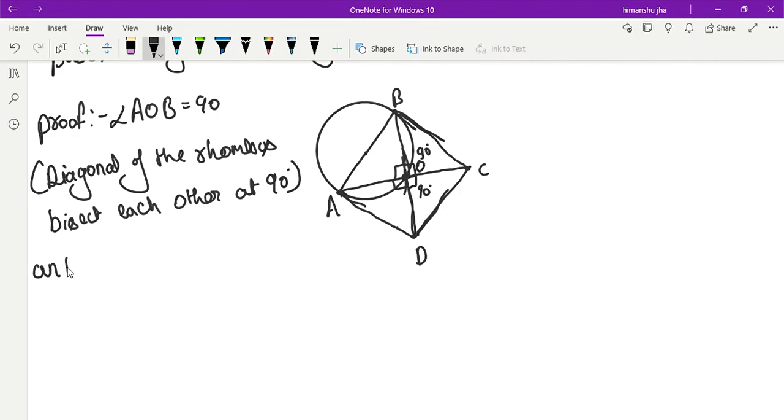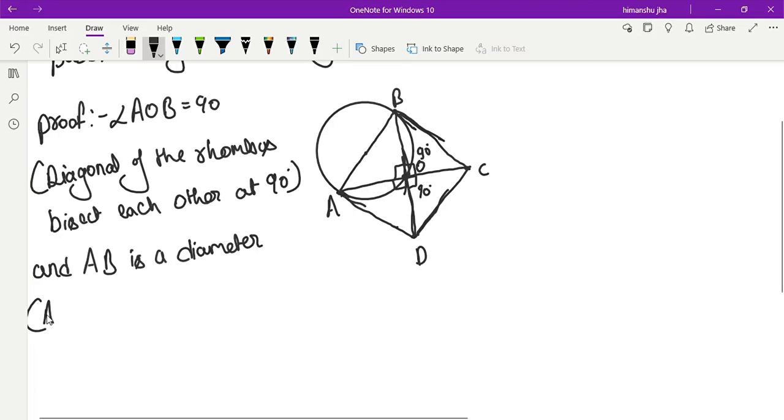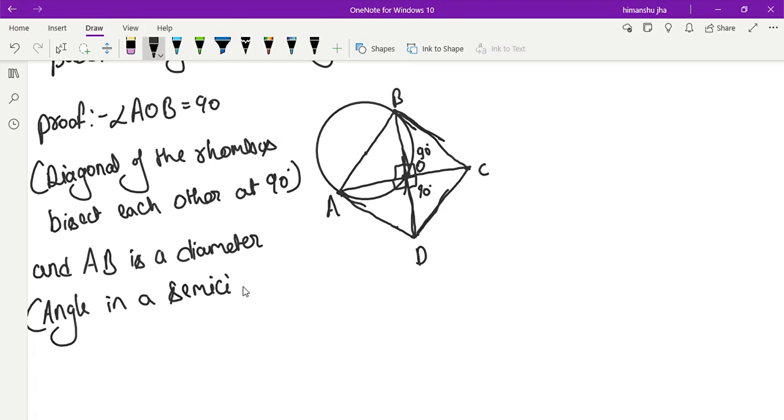And AB is a diameter. Now the angle in a semicircle is 90 degrees, a right angle.